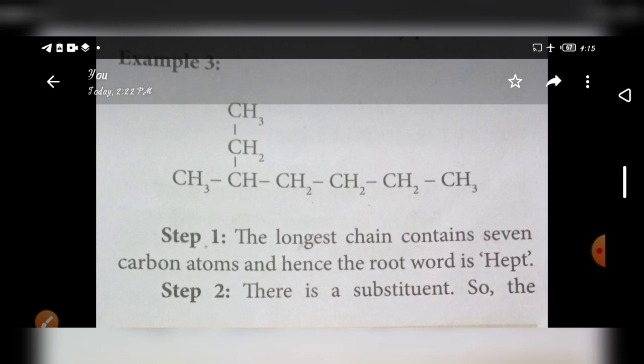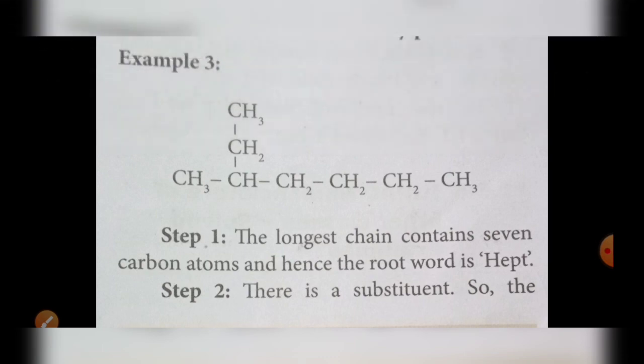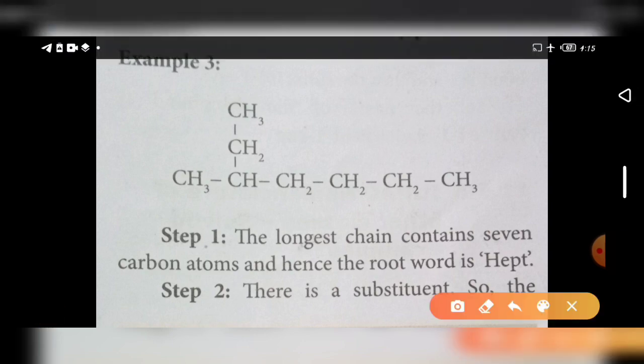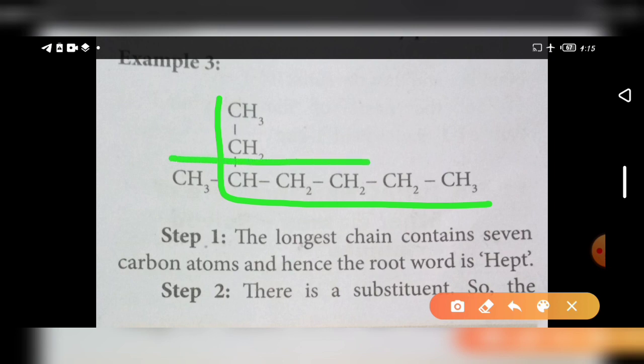Suppose the carbon chain is like this. See here, the carbon chain CH3 CH2 CH3 bond CH CH2 CH2 CH2 CH3. This is the long chain. Only this is the long chain, not this one. That is wrong. This is the correct structure.